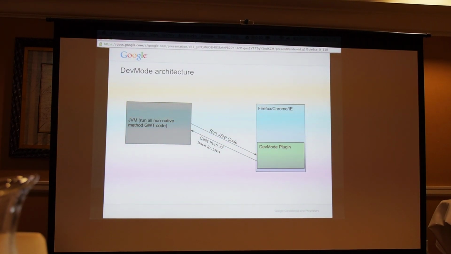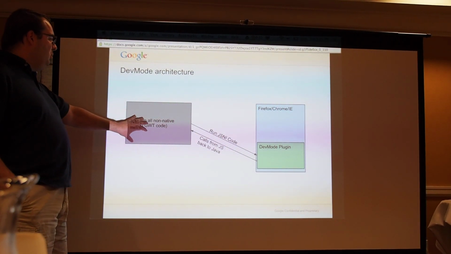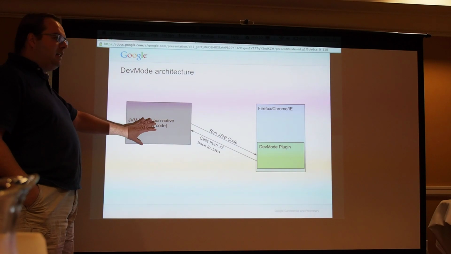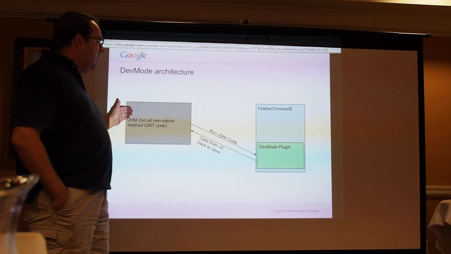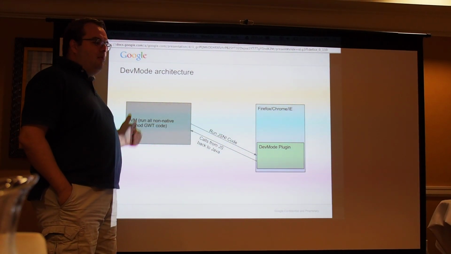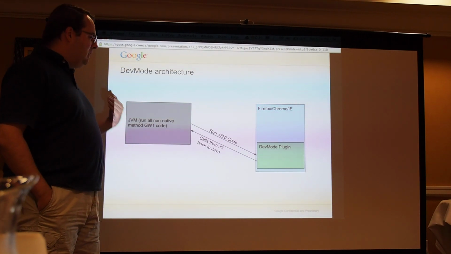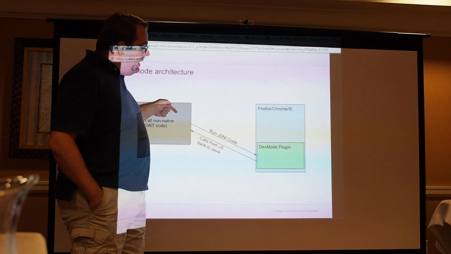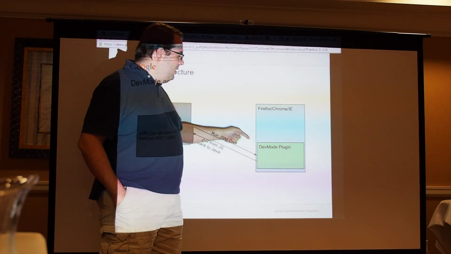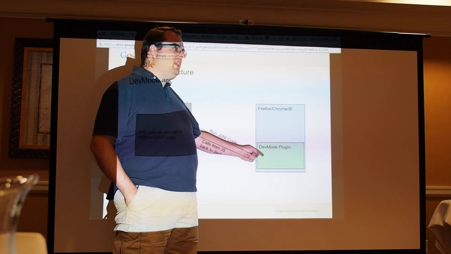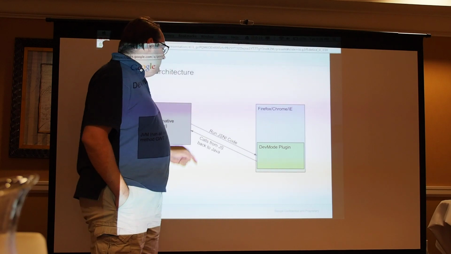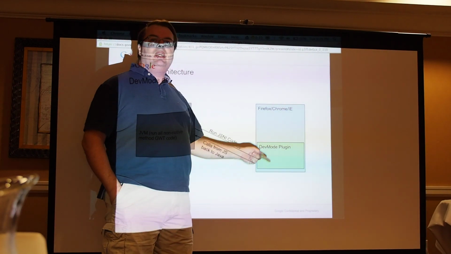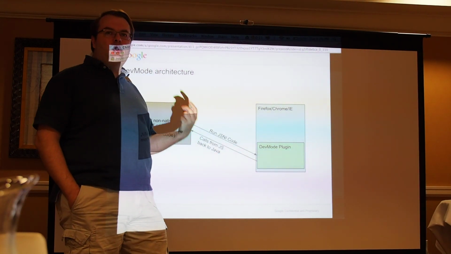So you've got your actual pure Java code running in here at full speed in the HotSpot VM. And then every once in a while you hit a method like add an event listener to an element or something like that, and that essentially connects via TCP socket to the Dev Mode plugin, which is running inside your browser, and sends across a message. It says, please evaluate this bit of JavaScript for me.